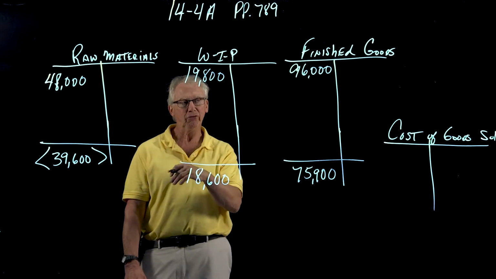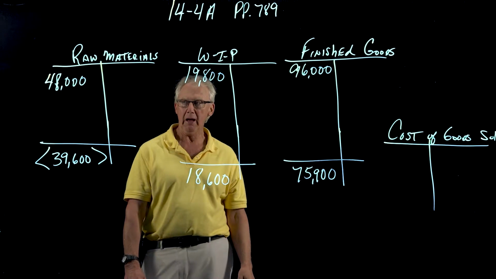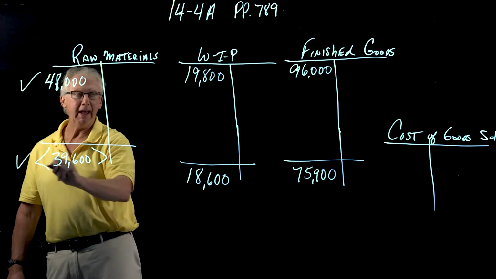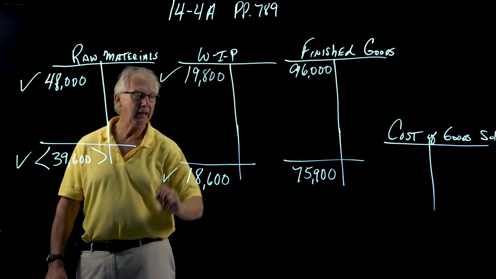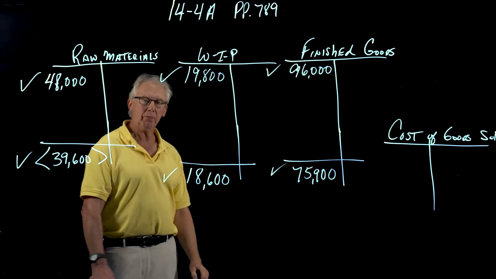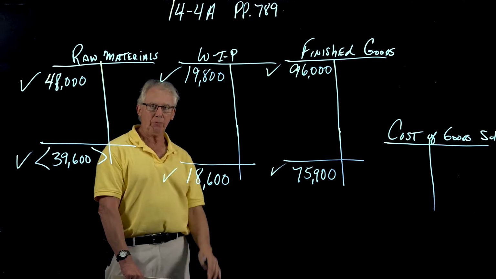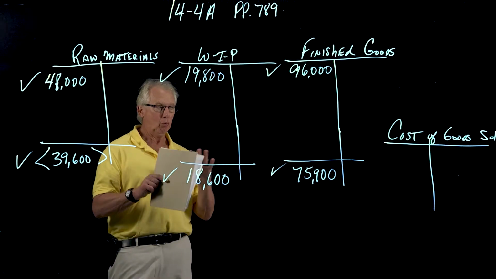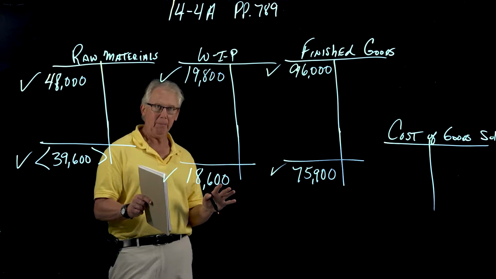And that's why I've set everything up in T accounts. And the numbers that you are looking at are the beginning and ending balances that the problem gives you. And this is how you should set your problem up, just like I have. Okay? I'm going to take it step by step.